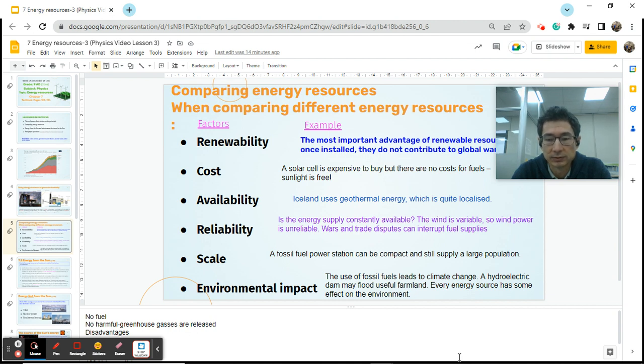Some of the factors are renewability, cost, availability, reliability, how possible it is to scale, and environmental impact.